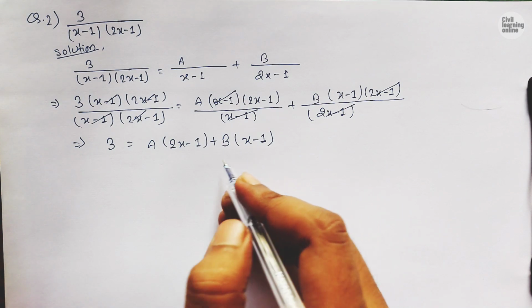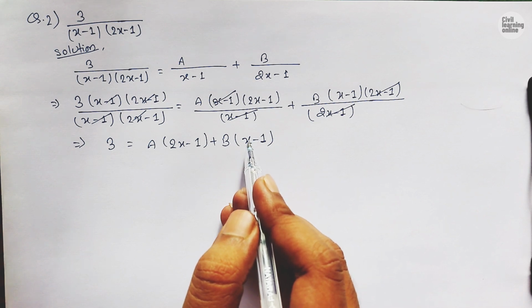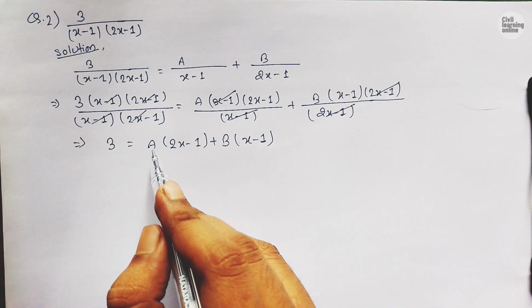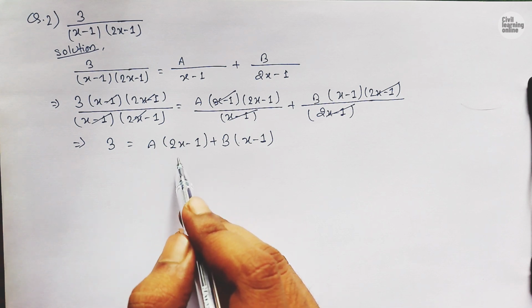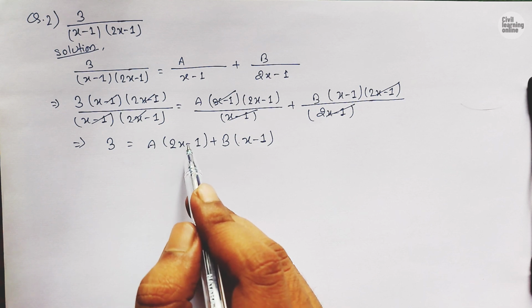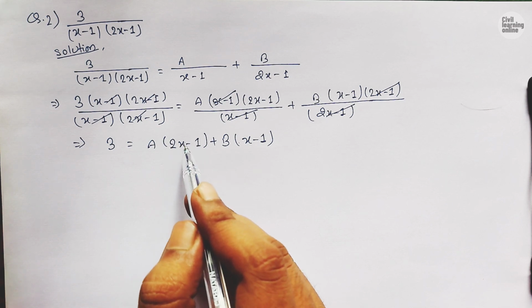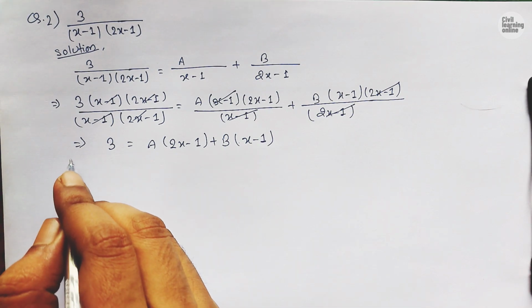Now what we can do here, again the procedure is same. For the first time we will put x equals to 1, so that this term will get 0 and we will calculate the value of a, and again we will put x equals to 1 upon 2. If we put x equals to 1 upon 2, then this term will get 0, then we will calculate the value of b. So proceed with step 1.